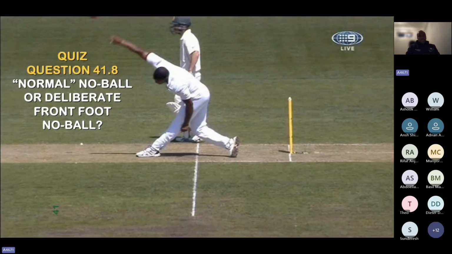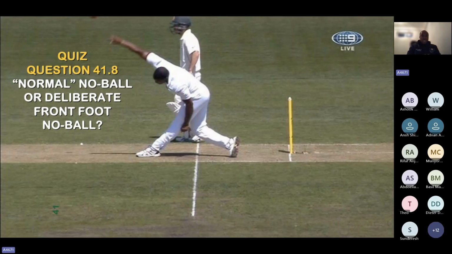So what's the punishment for a deliberate front foot no ball? You call and signal no ball, and you instruct the captain of the fielding side to remove this bowler immediately from the attack, and they will be suspended from bowling for the rest of the innings, if I'm not mistaken. Okay, so again, very harsh punishment, but why?